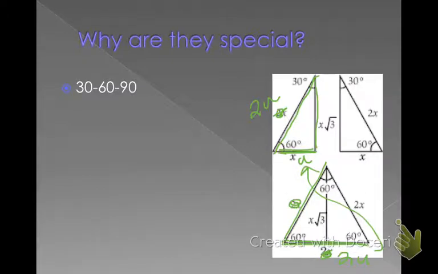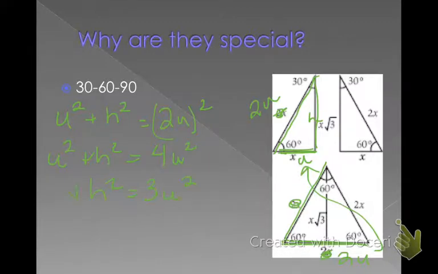Then by doing the Pythagorean theorem, let's call that H for height. We'll get U squared plus H squared equals 4U squared.